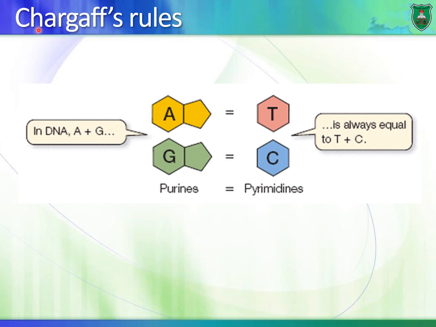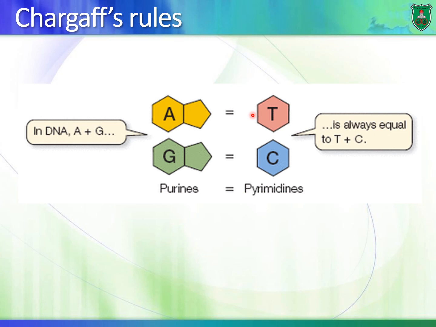He came up with a number of rules saying that in a DNA molecule, the number of A's is always equal to the number of T's, the number of G's is always equal to the number of C's, and the number of purines is equal to the number of pyrimidines, because here you have a purine, here you have a pyrimidine. So whenever you have a purine, you have a pyrimidine. Whenever you have an A, you have a T. Whenever you have a G, you have a C, and so on.